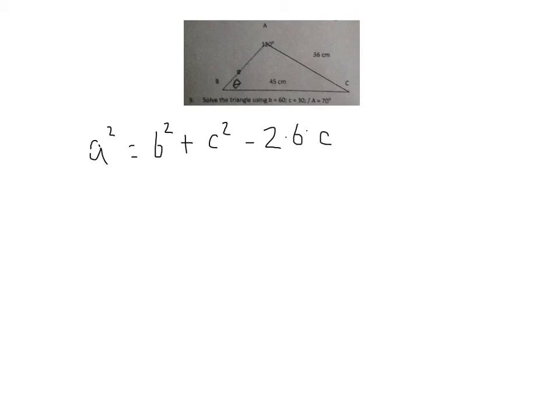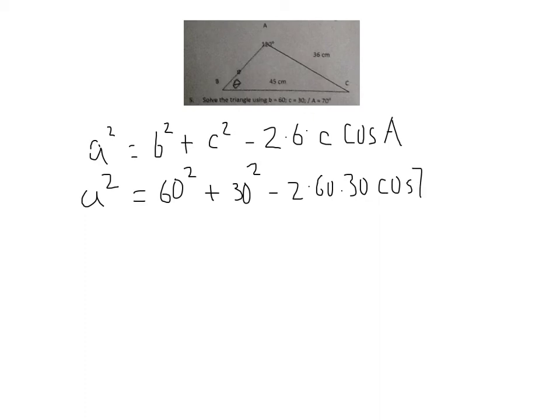So we know from the law of cosines that side A squared is equal to B squared plus C squared minus 2 times B times C times the cosine of angle A. So now we substitute. 60 squared plus 30 squared minus 2 times 60 times 30 times cosine of 70 degrees.